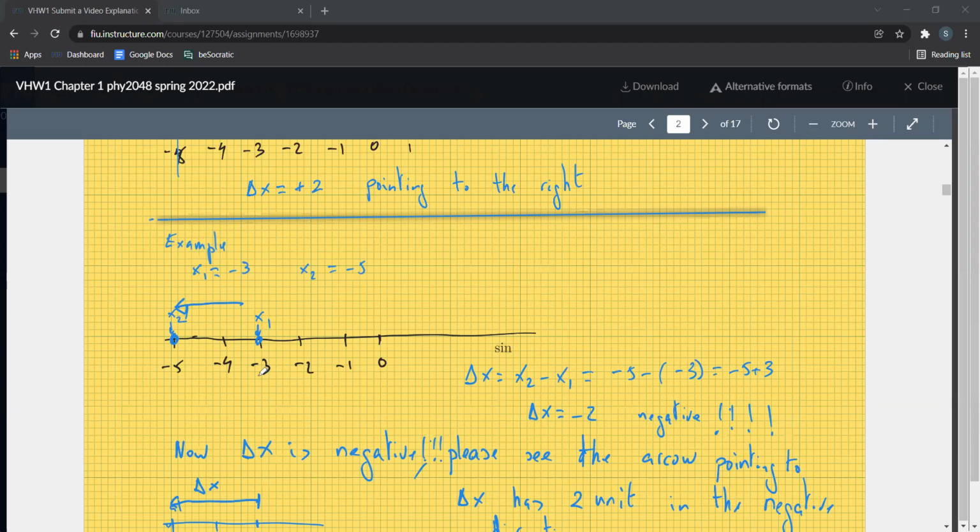If you go from -3 to -5, you're clearly getting farther and farther to the left. So your change in x would be -2. This goes this way because you're subtracting 2 from your number line. You're going 1, 2 in the negative direction.